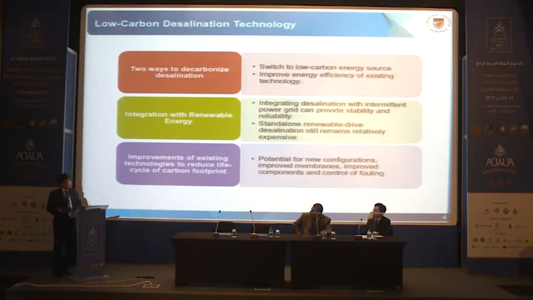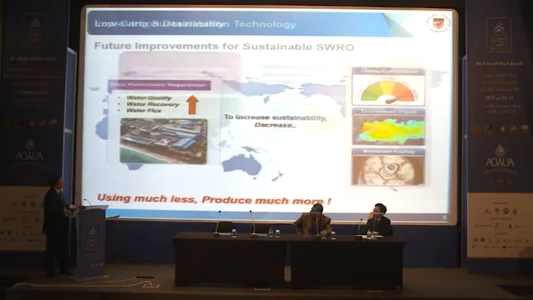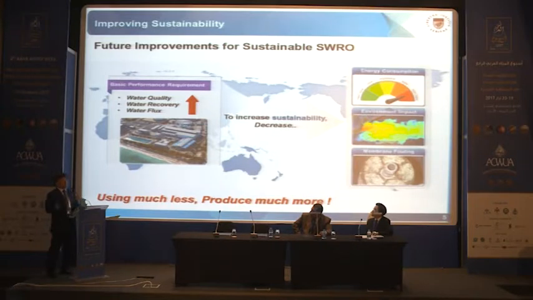So we can improve existing technology to reduce the life cycle carbon footprint, including new configurations of RO plants, improved RO membranes, improved components, and control of fouling. Sustainability is a term we have used a lot in the last 20 years.